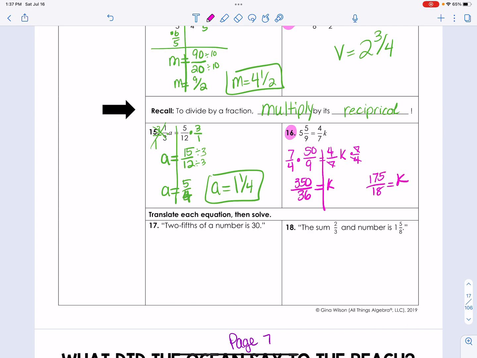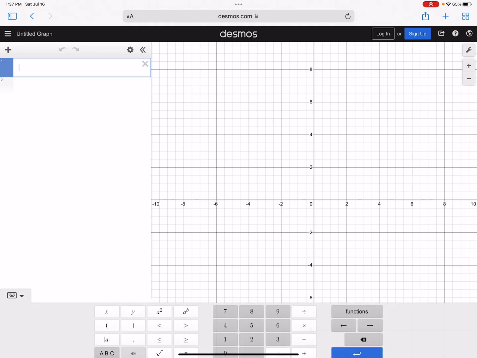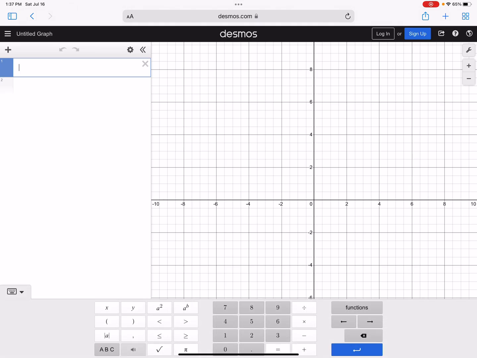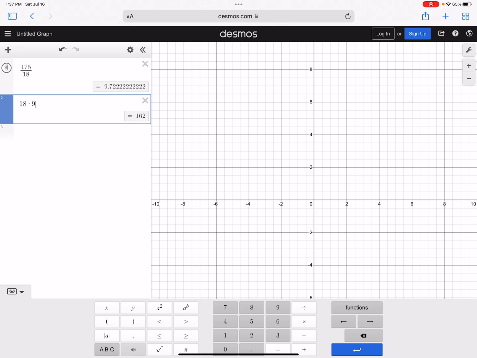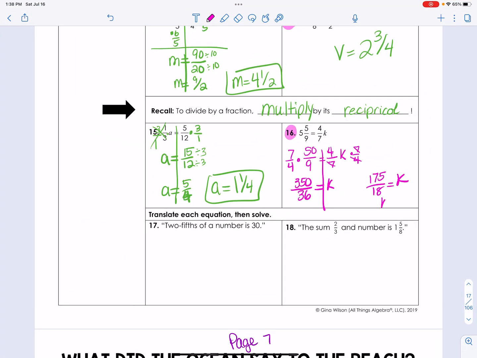And now I can't do any more, so I'm going to play my little game again where I go into Desmos. And I have 175 divided by 18. That's 9, right? So 18 times 9 is 162, but I want 175. So that's 13. So that's 9 13/18. So K equals 9 13/18.